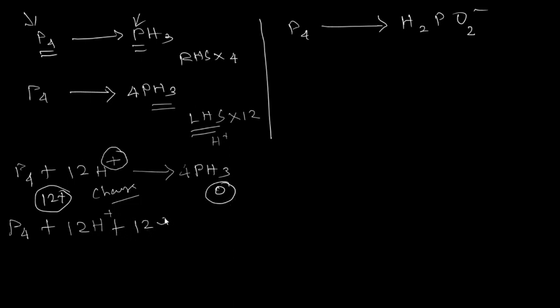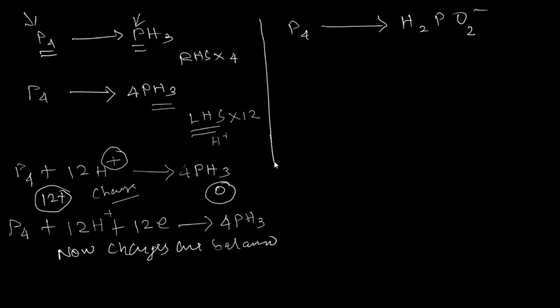If we add 12 electrons, the charges on both sides will be neutral. So now the charge is balanced. Now the reduction reaction is over. Now let's come to the oxidation side.